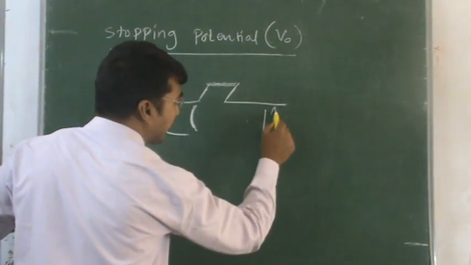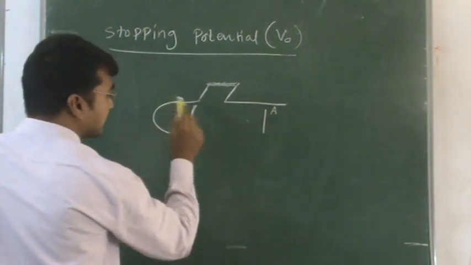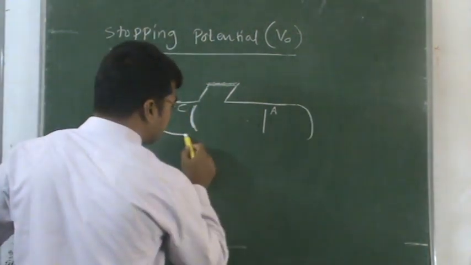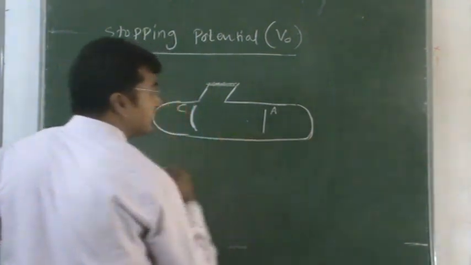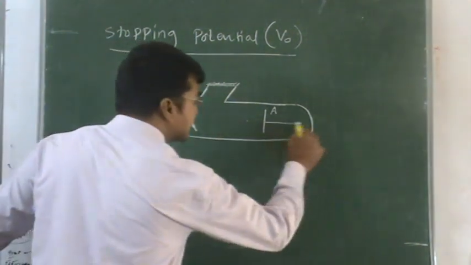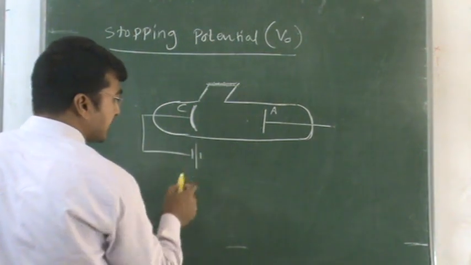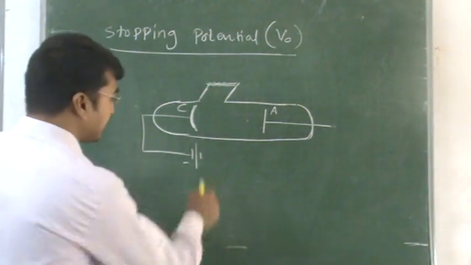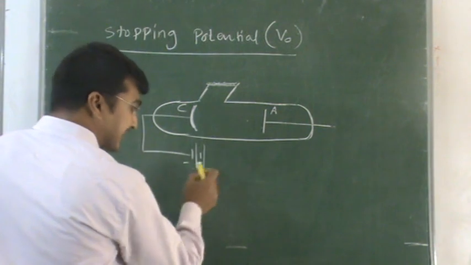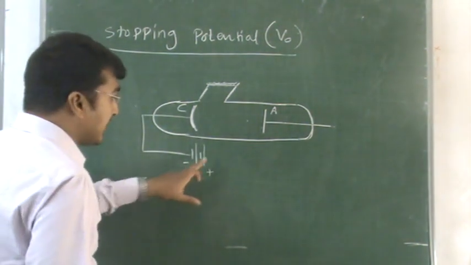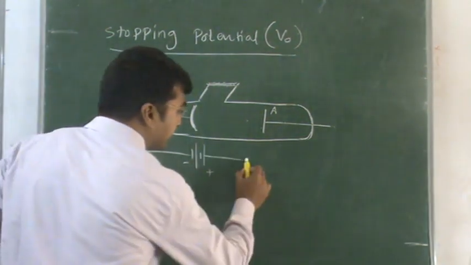This is the anode, which I am indicating with A, and this is the cathode, indicating with C. This setup is completely in a vacuum chamber, and the cathode and anode are connected to an external circuit with a battery. The cathode is connected to the negative terminal and the anode to the positive terminal of the battery.